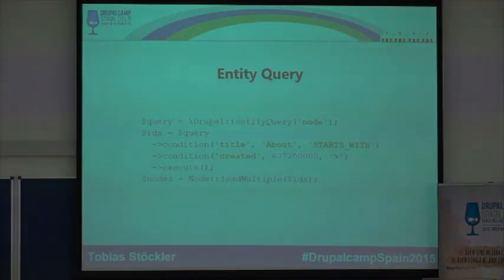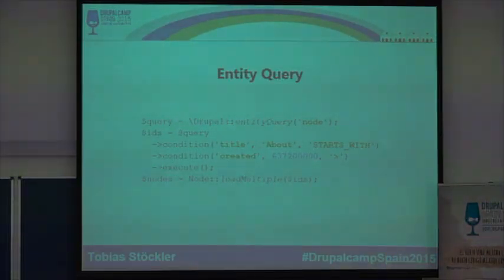So with this little snippet, in this example, I query all the nodes that start with the word about in their title, and they were created after this random timestamp. And then I load them, and it's very easy, very convenient.